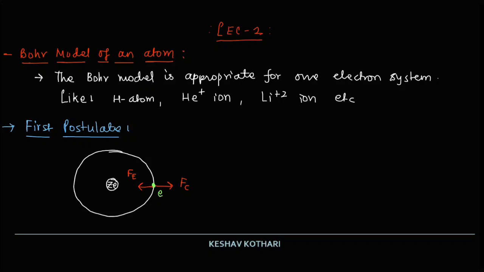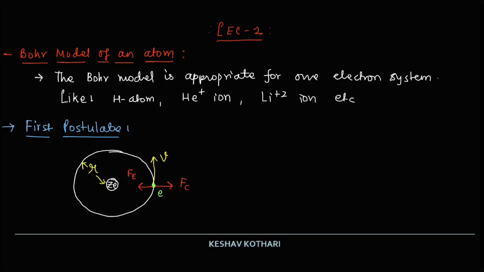So when I state during revolution of electron around the nucleus, that is when it is traveling with a velocity v around the nucleus in a circular path of radius r, the electrostatic force on the electron is balanced by the centrifugal force acting on it in the rotating frame of reference.